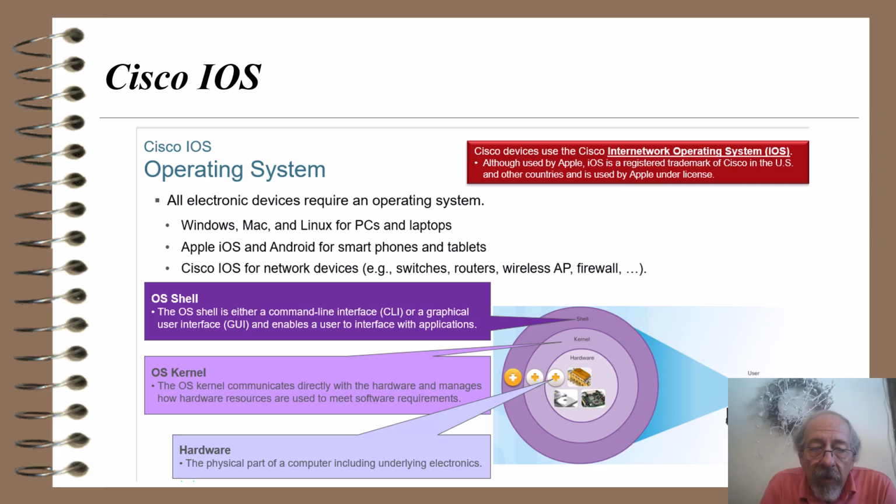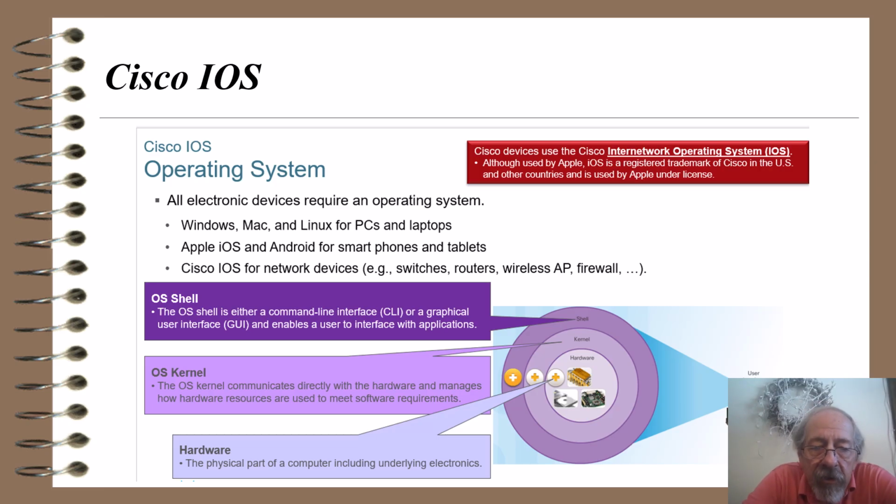The operating system shell is either a command line interface, a CLI, or a graphical user interface, a GUI, and enables a user to interface with applications. If you think about Windows, Windows is a graphical user interface. You point and click on icons, and you cause the computer to do things that way. With Cisco routers and switches, you have to use the command line interface. You have to type in commands.